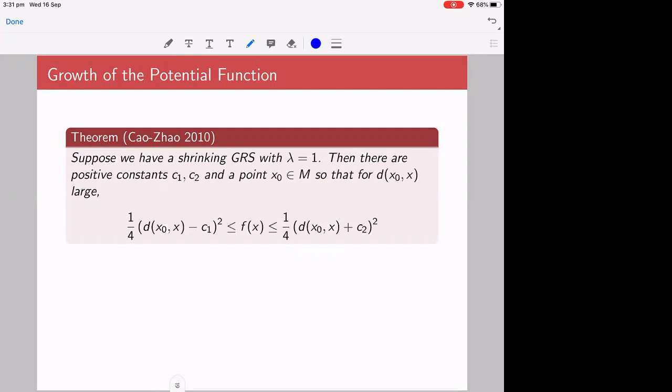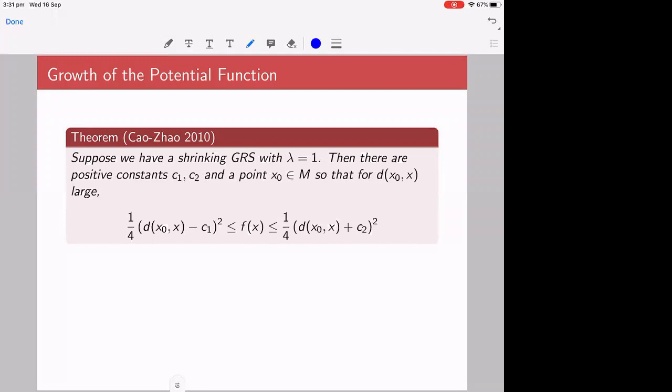Now, if we're classifying non-compact gradient shrinking Ricci solitons, it becomes incredibly important to get really good asymptotic information. You might ask, asymptotic information about what? Well, lots of things. The first of these is going to be the potential function itself.